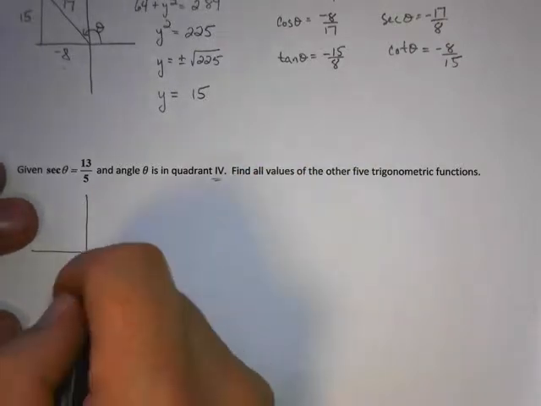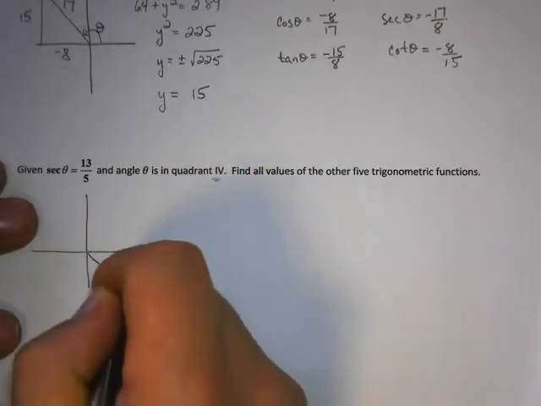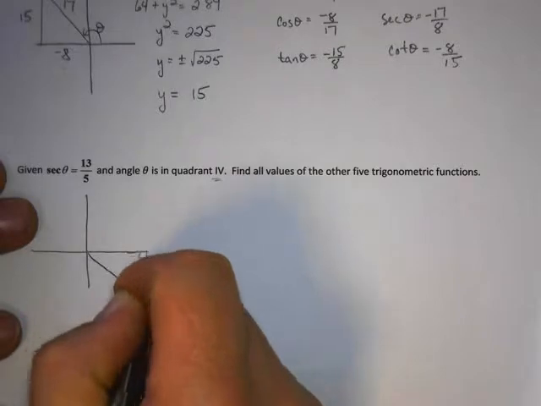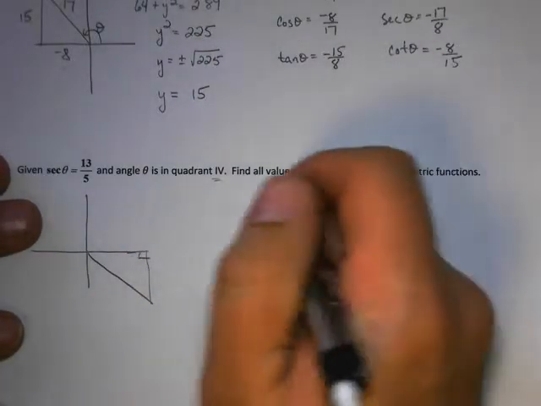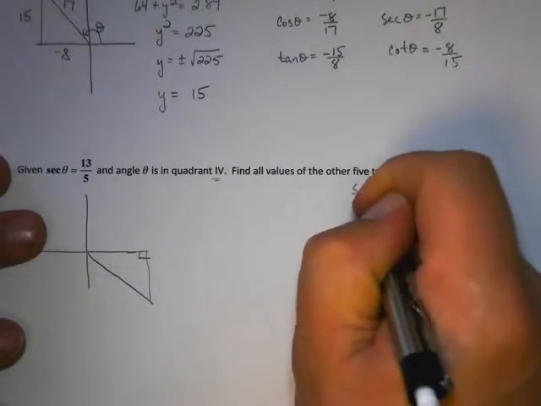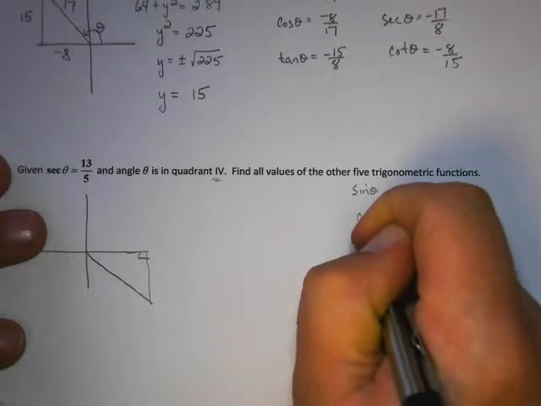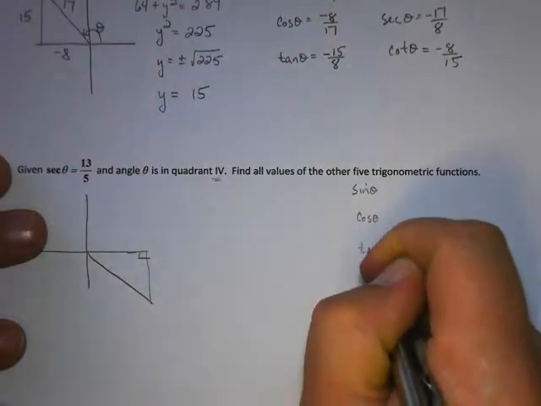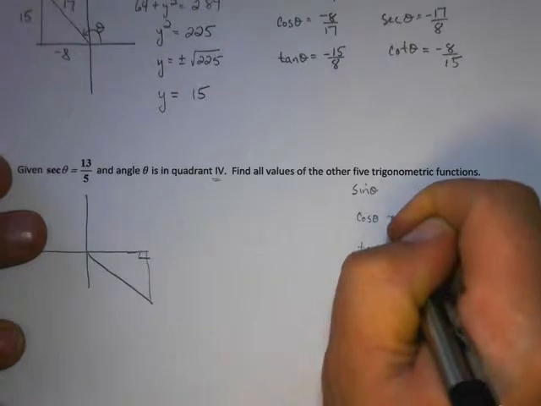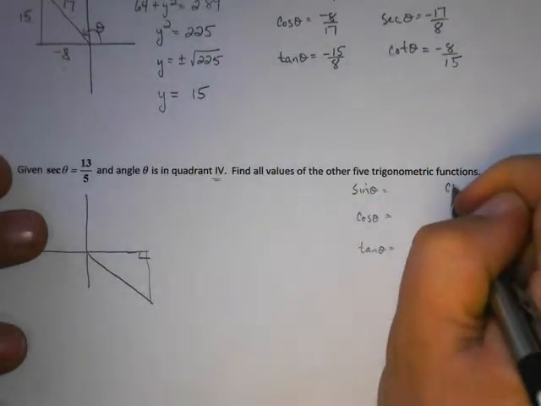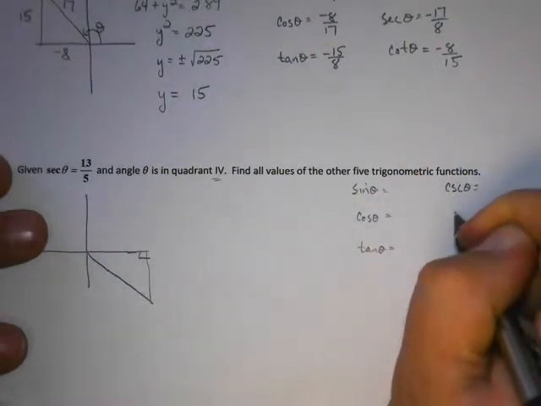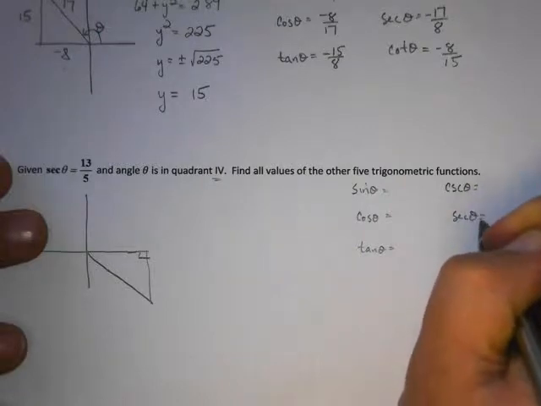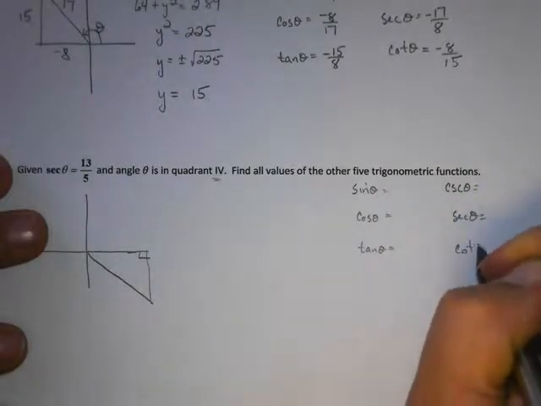Quadrant 4. So if we start out, sine theta, cosine theta, tan theta, cosecant theta, secant theta, and cotan theta.